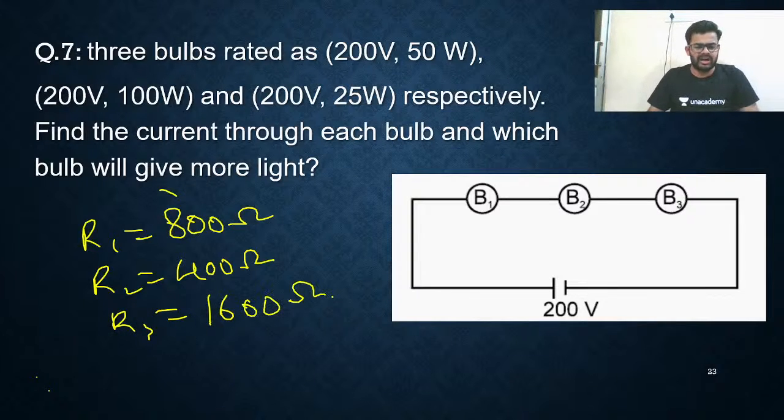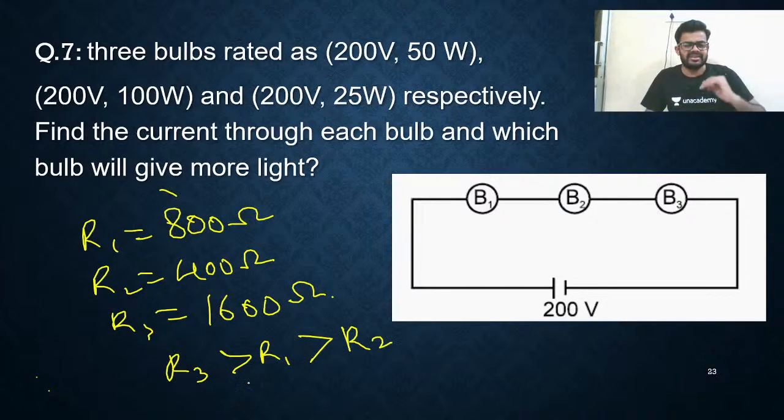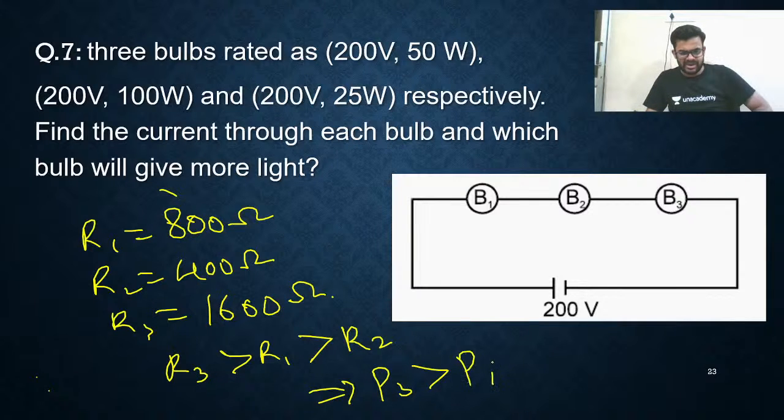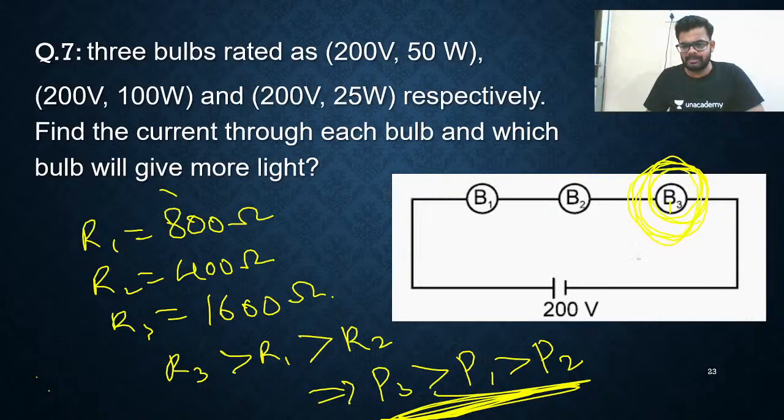Now I have written the wrong order, sorry. R3 is greatest, after that R1 and last is R2. So power P3 will be greatest, then P1 and last is P2. But the question is which bulb will give more light? So bulb 3 will give more light. So the answer was correct, only bulb number 3.